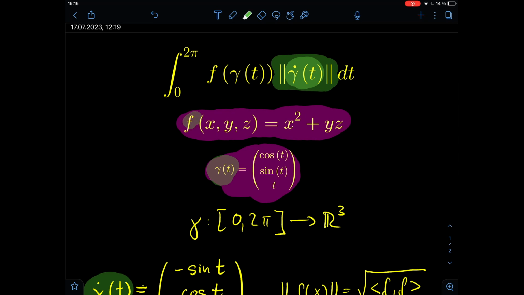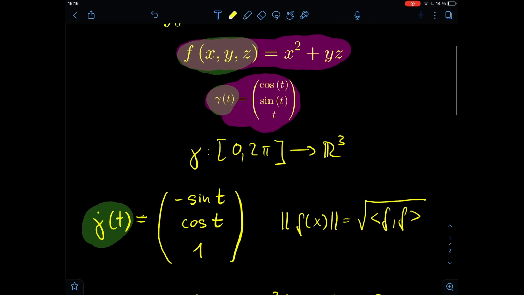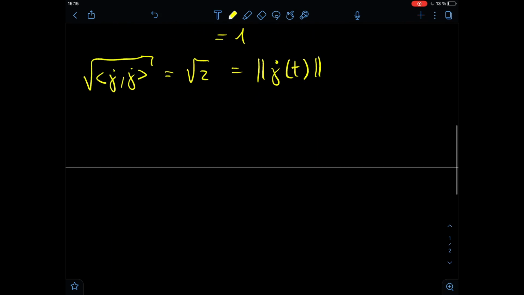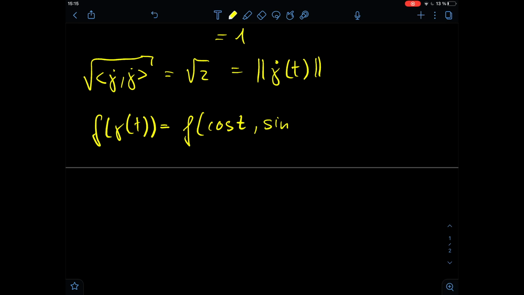What we see here is that our function f of x, y, z is dependent on x, y, z, but we need to make it dependent on the parameter t, so we need to make it dependent on gamma of t. So we see that our x component is cosine, our y component is sine, and our z component is t. So f of gamma of t is equal to f of cosine of t, sine of t, and t.